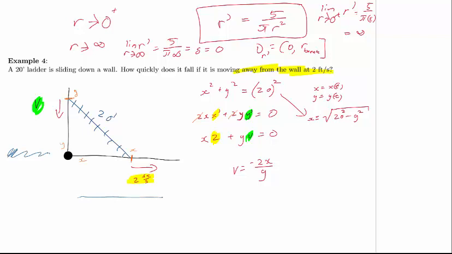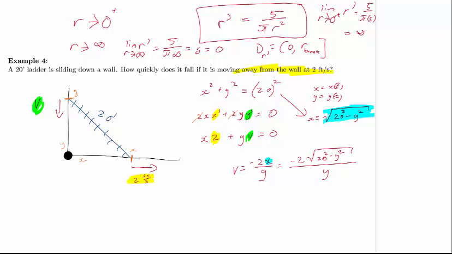We know the ladder is sliding this direction, so we just totally discount this altogether. And so let's plug that guy in. Right, that's our value for x. We're going to go ahead and plug that in right there, so that we have negative 2 times the square root of 20 squared minus y squared, all divided by y. All right, and that's it. That's our expression.